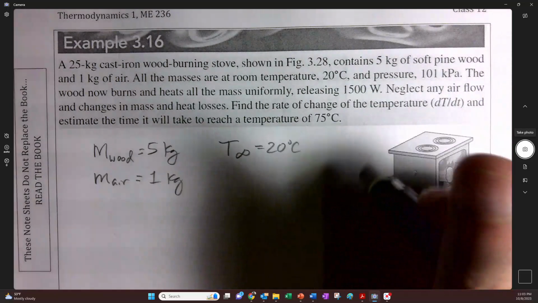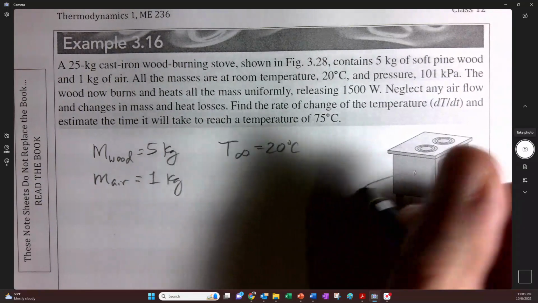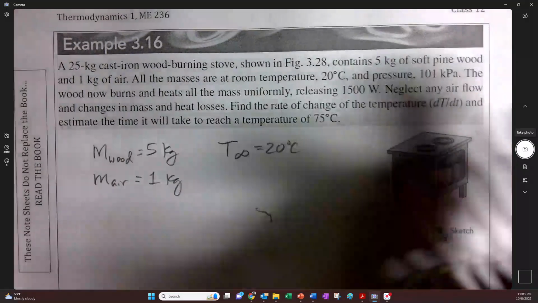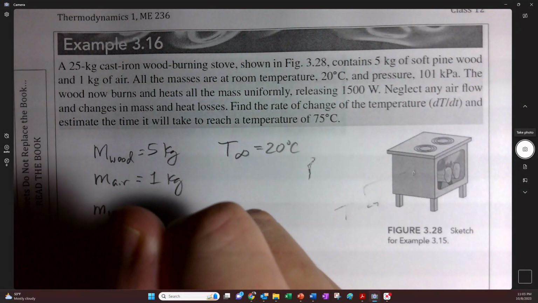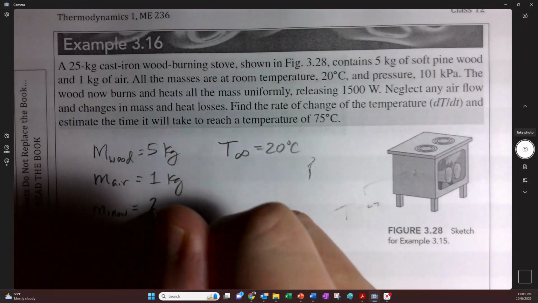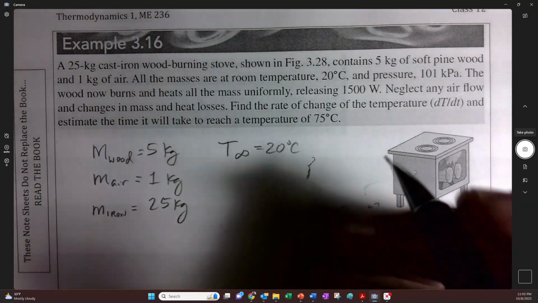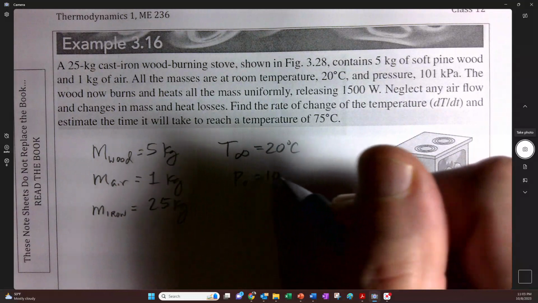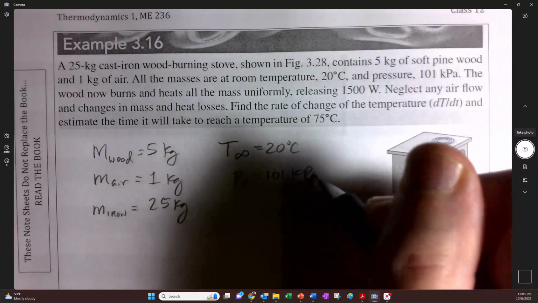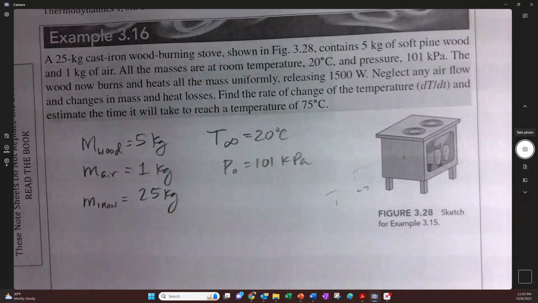What I wrote there, I wrote that the mass of the iron was 25 kilograms. There's a lot of it. And the outside world is 101 kilopascals, regular ambient, good old-fashioned temperature.